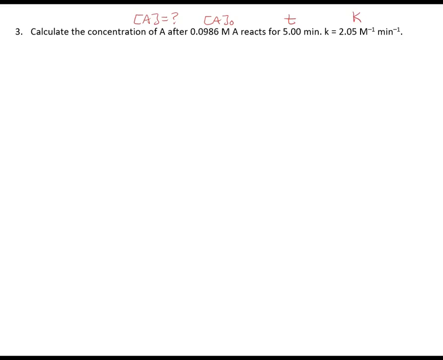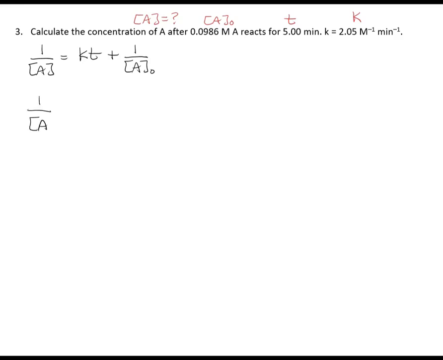Starting with the linear form, just the regular linear form of the equation, we have 1 over A equals KT, positive KT by the way, plus 1 over A naught. We're trying to solve for A, and in this example, I would recommend solving for 1 over A, which is how the equation is already set up, and then take the inverse when you're all done with that calculation.